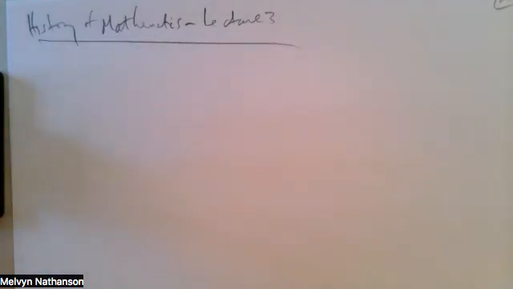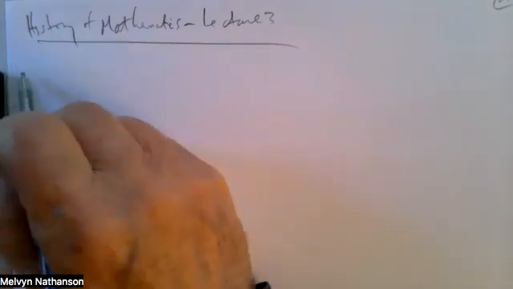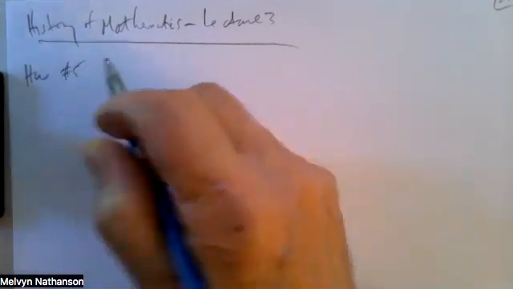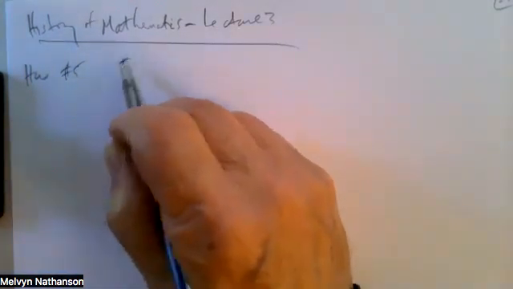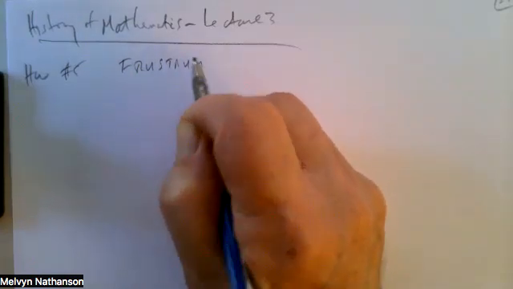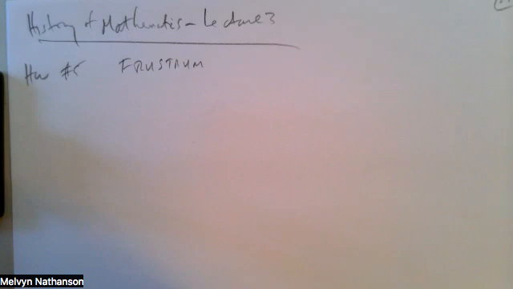All right, so History of Math Lecture 3, there's a question about the homework problem number 5, which has to do with the geometrical shape called a frustum.